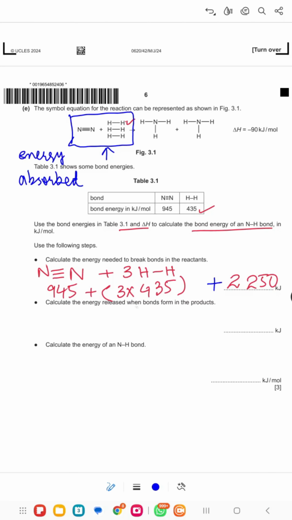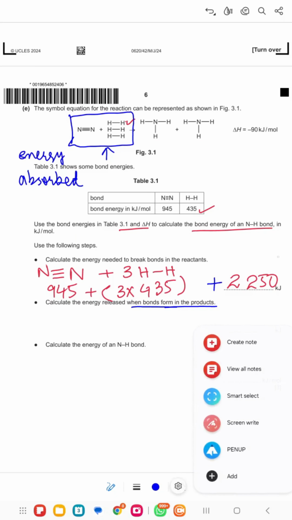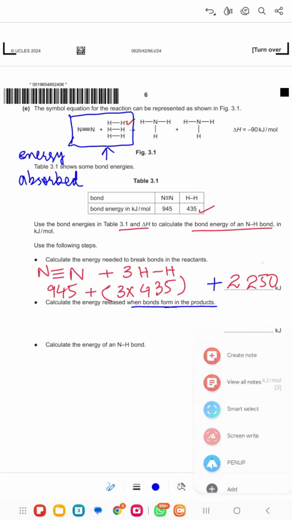So calculate the energy released when bonds form in the product. So we have to calculate the energy released. For this, we must know the bond enthalpy of the N–H bond. So for this, we will put the formula here.